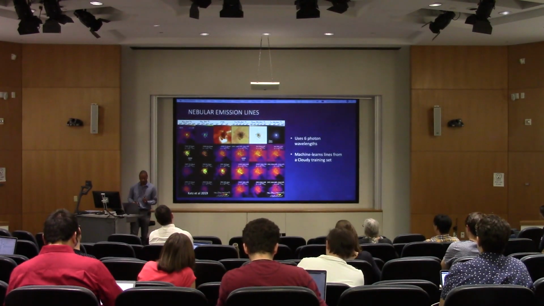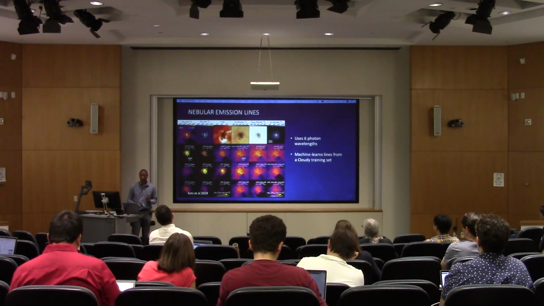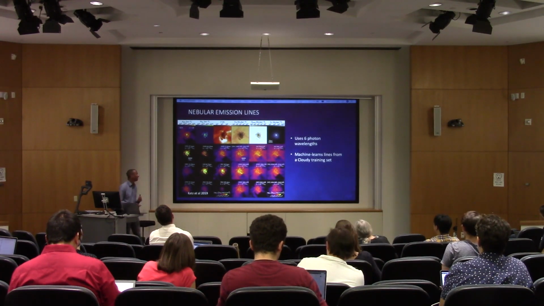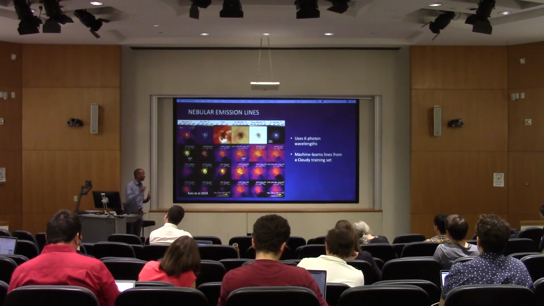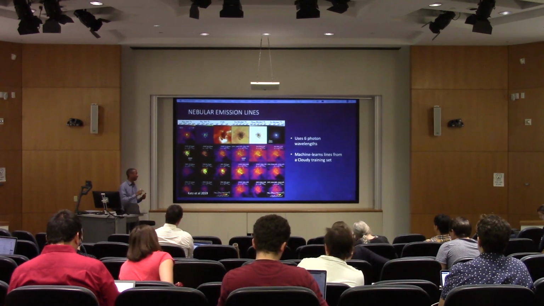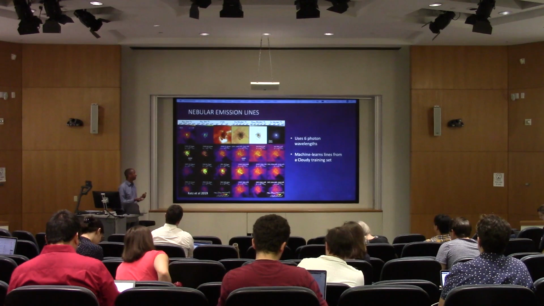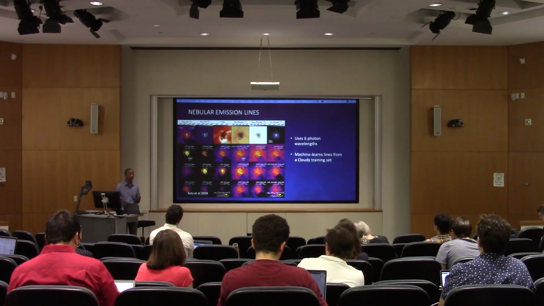That recent work used those 6 photon wavelengths in order to get emission lines. They looked at all of these infrared lines, and I'll tell you why they're infrared in a moment. They had all those variables: metallicity, density, temperature, and these 6-photon backgrounds, and they created a grid.